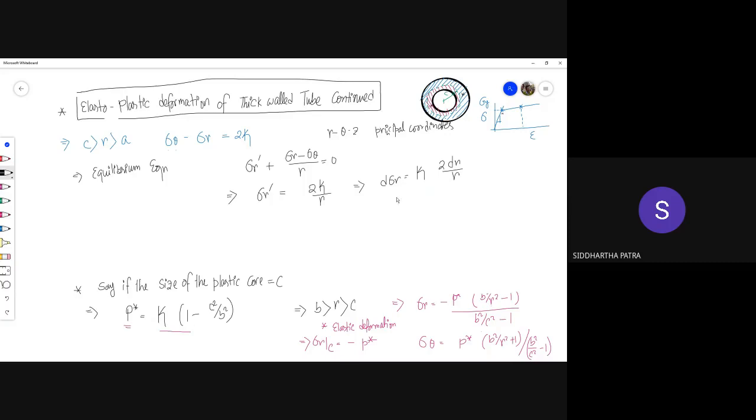So this quantity dr by r is actually twice ln r, and by using the principles of logarithm, this makes it r squared.